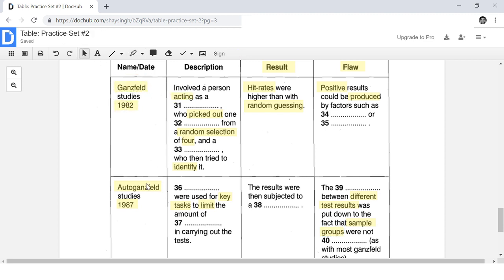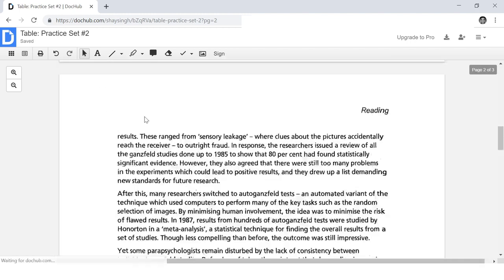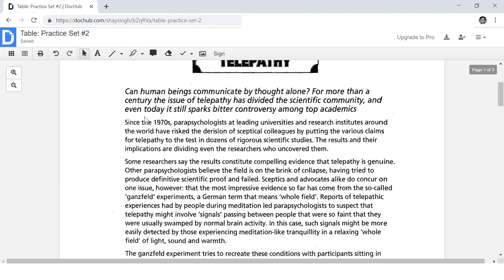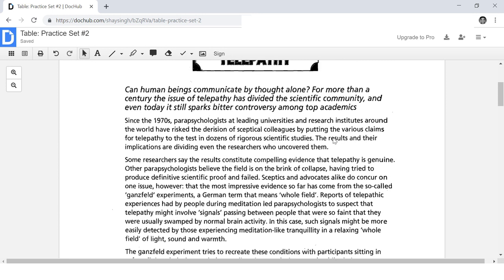Ganzfeld 1982, Otto Ganzfeld 1987. Here we go. I'm just scanning now. Here I see the word Ganzfeld, but I'm not going to mark it.